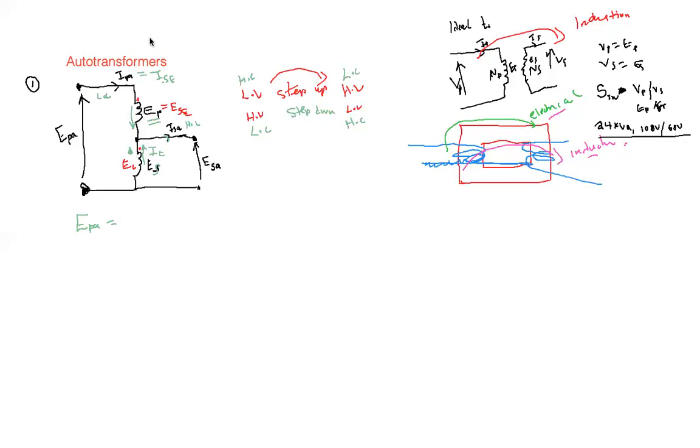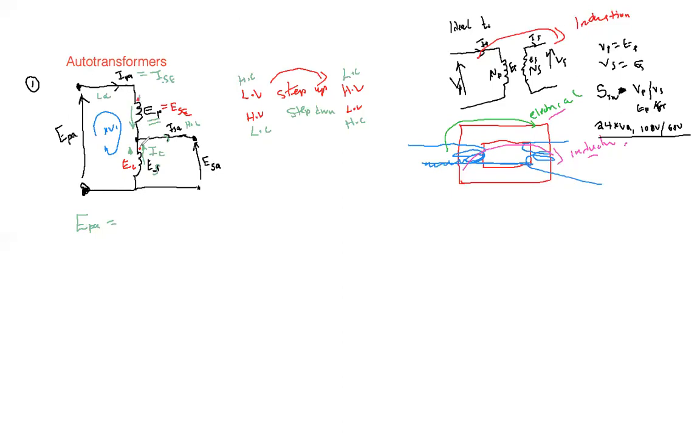Or even if you take KVL around this loop, you will see that we have EPA. Then here, remember this is positive.